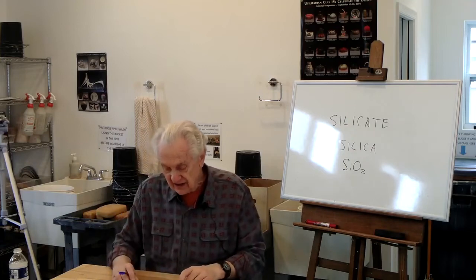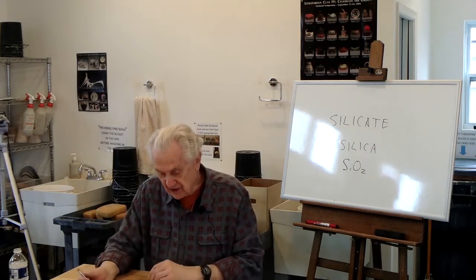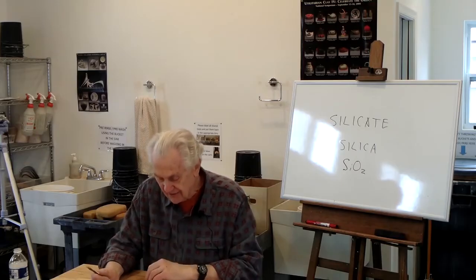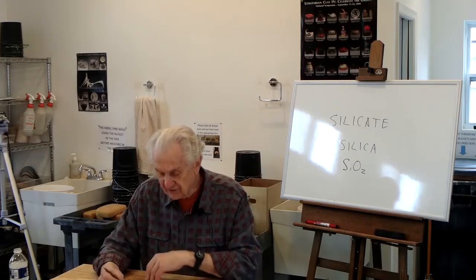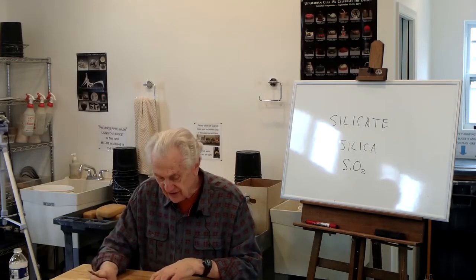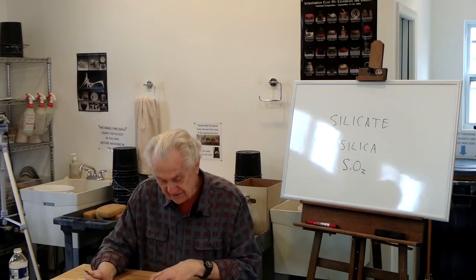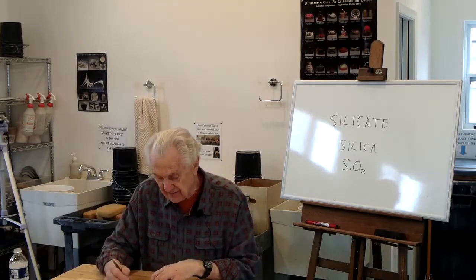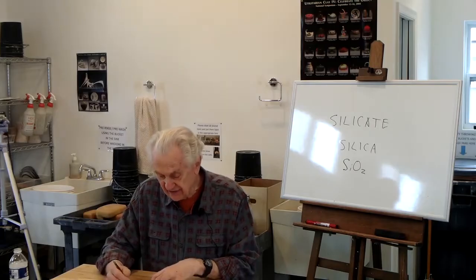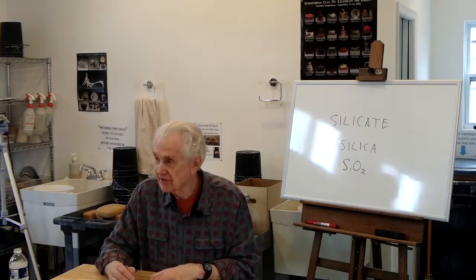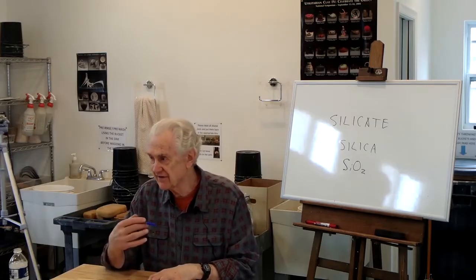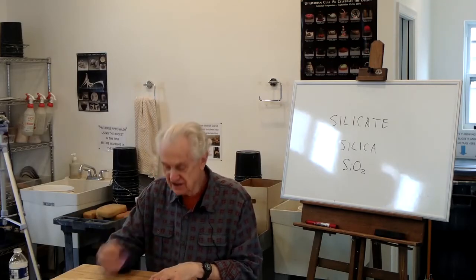And then below it is another recipe for a cone 10 glaze called green crackle. You notice there's two different columns, and the reason is that one of them is written correctly and one of them is not. The proper way to write a glaze recipe is on the left, where the base glaze ingredients total 100%, and then any other additives or modifiers that affect the appearance are put in addition.